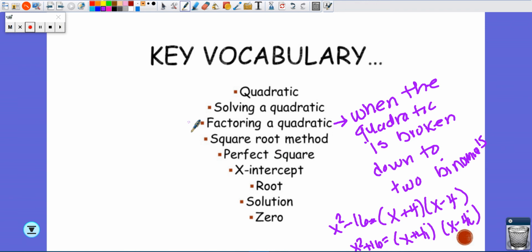All right, we already know the square root method. We normally use that when there's just an x squared in the equation. Then, what is a perfect square?